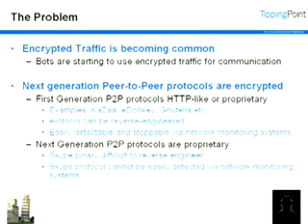The first generation of these protocols did not use any obfuscation or encryption techniques to avoid detection. But now when you see things like Skype, they are purposefully putting in obfuscation and encryption so that network-based systems cannot detect them. And that's a problem which we are trying to solve here.